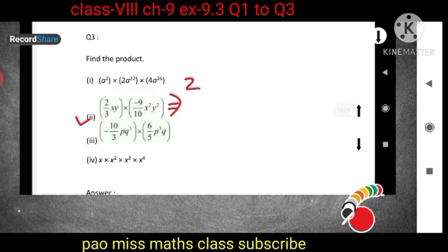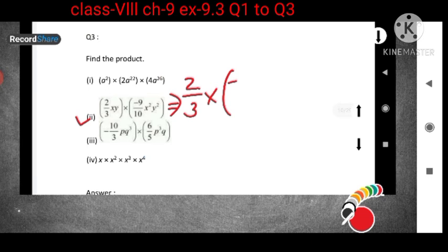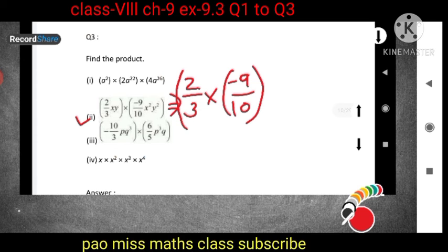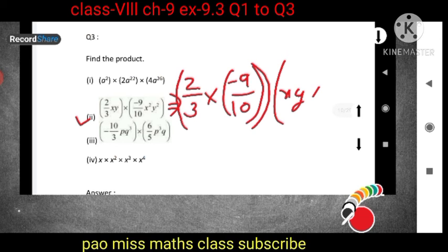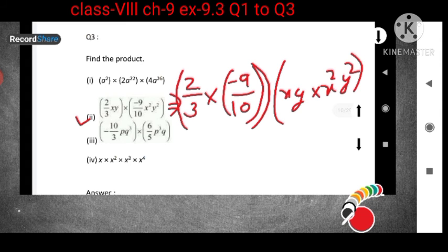So 2 upon 3 multiplied with minus 9 upon 10. These are fractions, isn't it? Then what is remaining here: xy multiplied with x square y square.